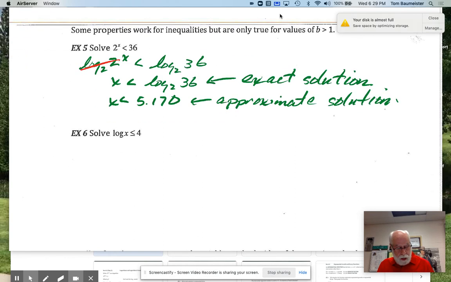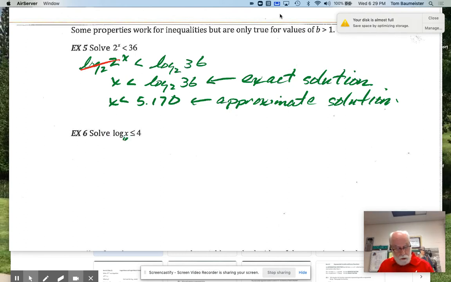Okay, and let's do the next one here. Example 6, solve the common log of x is less than or equal to 4. So remember, the common log is like log to the base 10.